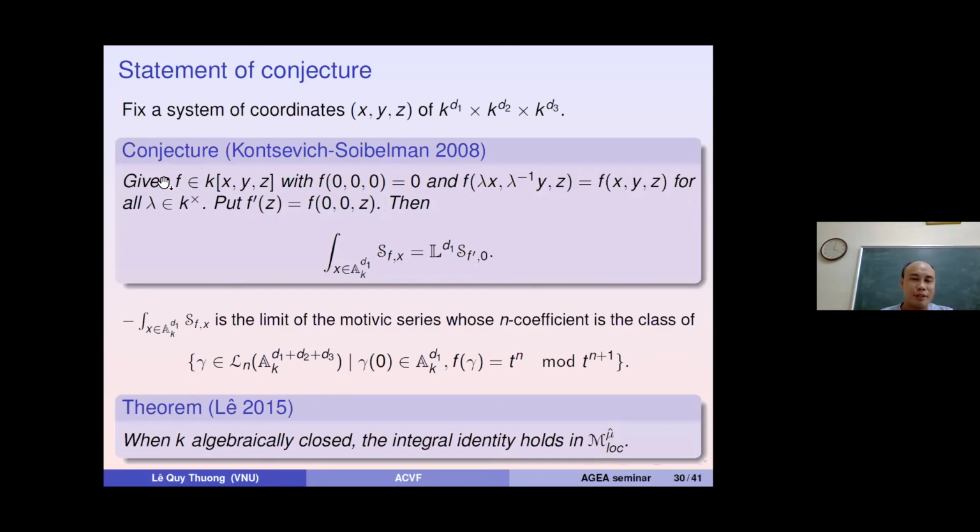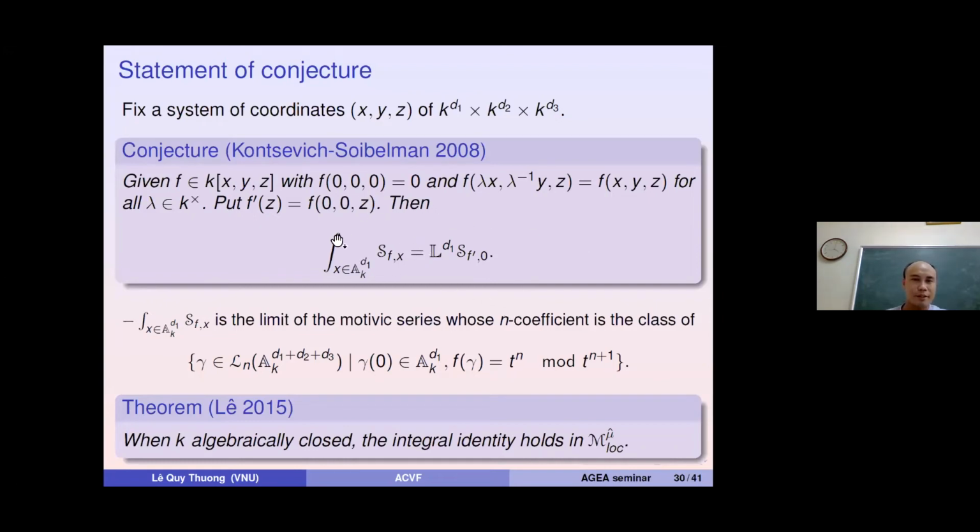Regular means we consider f to be a polynomial satisfying two conditions. It vanishes at the origin, and f(lambda x, lambda inverse y) equals f(x, y) for every lambda invertible in k, and we take f prime as the restriction of f on the third factors.